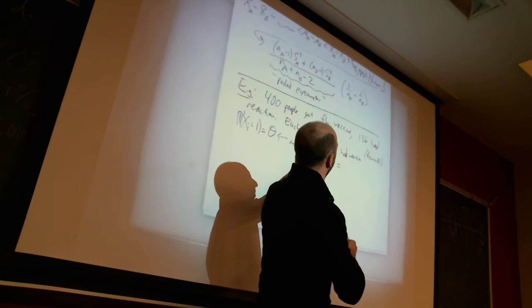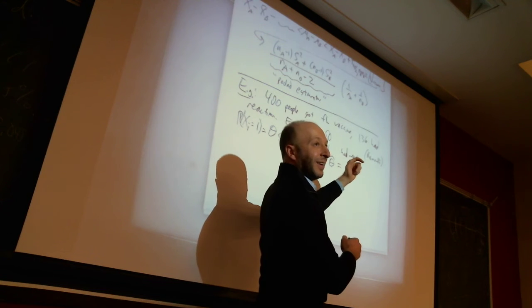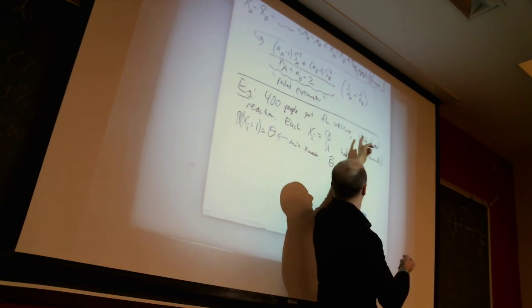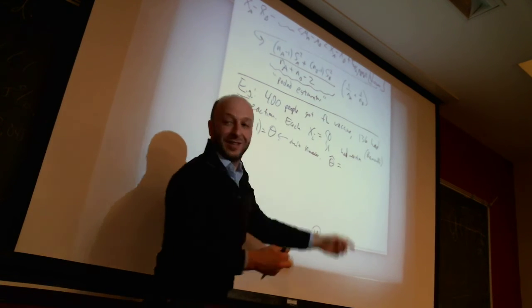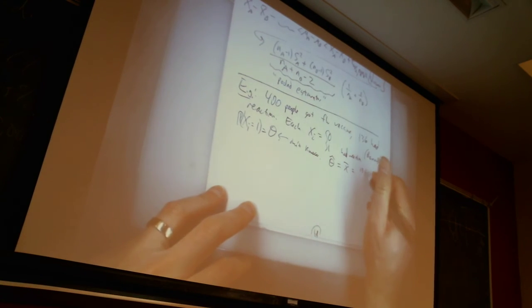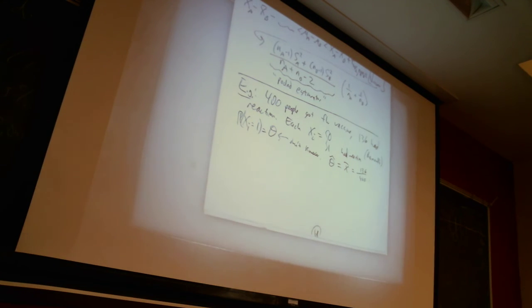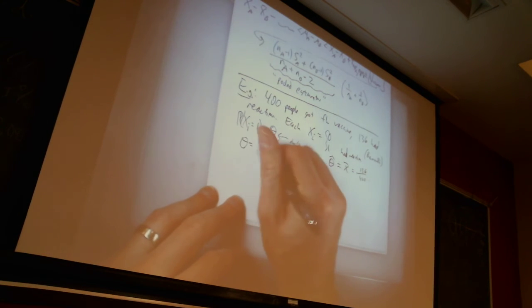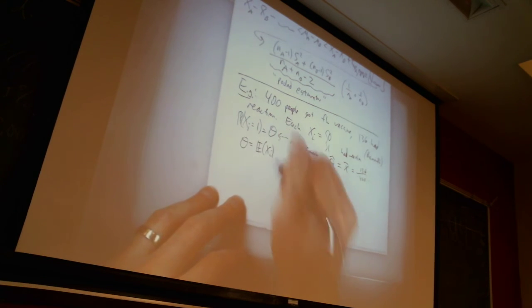If X bar is you add them all up and divide by how many there were, then you got 136 ones, the rest were zeros, and then you divide by how many there were. So you're absolutely right, X bar is the estimator, and X bar in this case is 136 over 400. Which is the expected value. This is just using the fact that theta is the expected value of each xi.